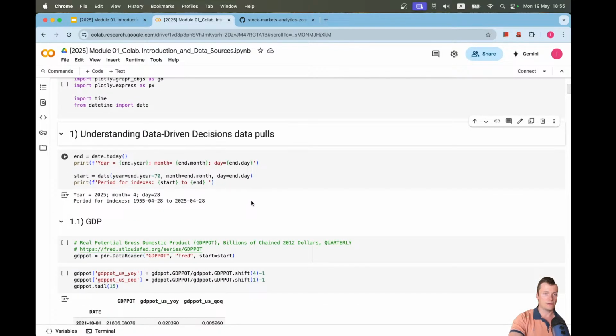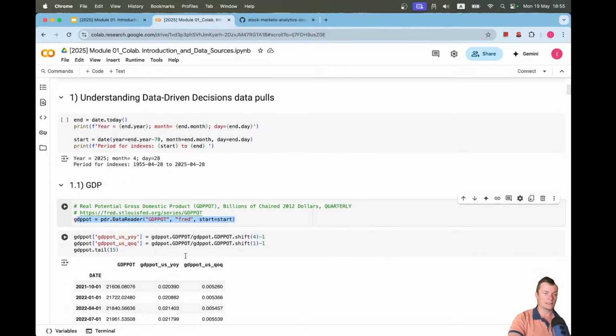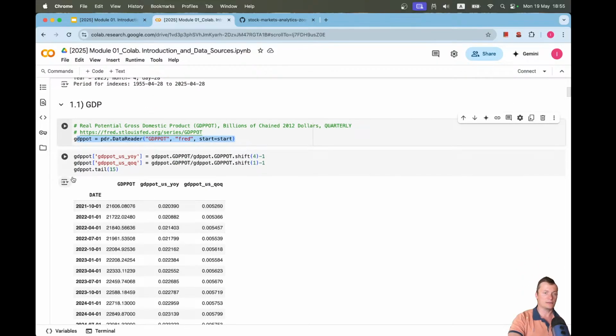And say for GDP, we get the data with this line of code. We call pandas data reader. We call the metric GDPPOT. This metric is from database FRED, and it returns a data frame like this: dates and a GDPPOT column.